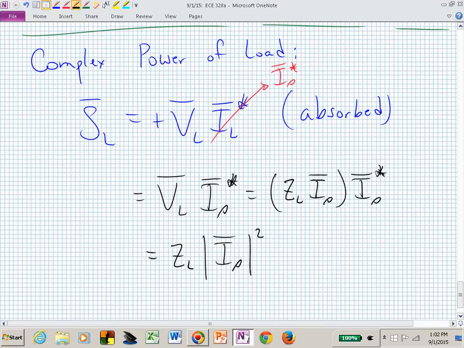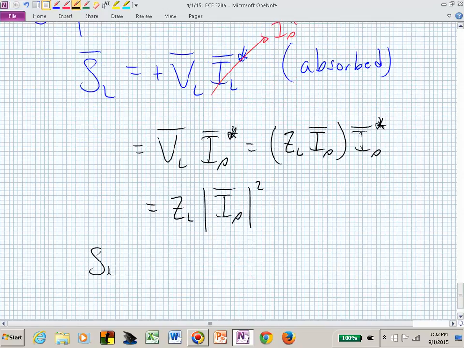We already know what the magnitude of I sub S is, don't we? That was 2.2. We just have to square that and multiply it by our load impedance, which was a complex expression. Meaning we now can say that the complex power absorbed by the load is our complex impedance, 78 plus J59, times 2.2 squared.